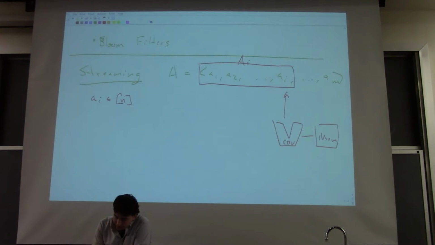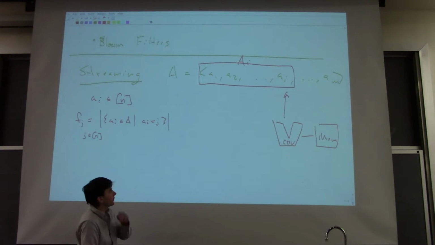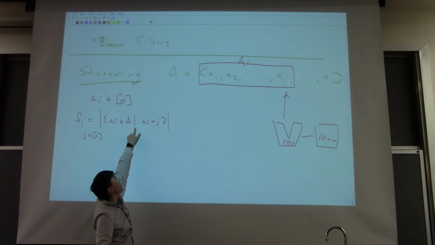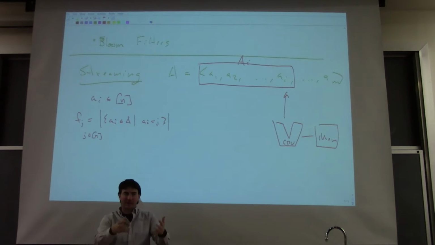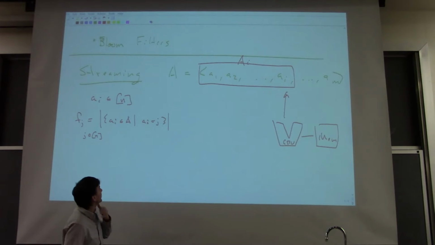The frequency f_j of the jth element, where j is in the set n, is: we look at the set that we've seen so far, all the A_i such that A_i is equal to j, and then the size of this set. This is the notation used in the LaTeX document too. And so these are all the elements that are the jth items.